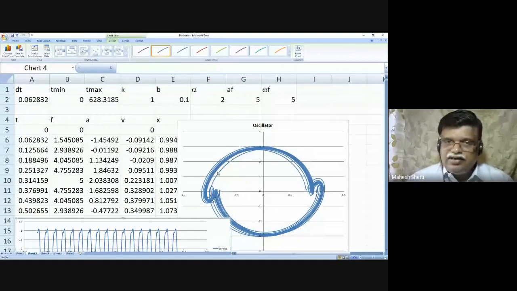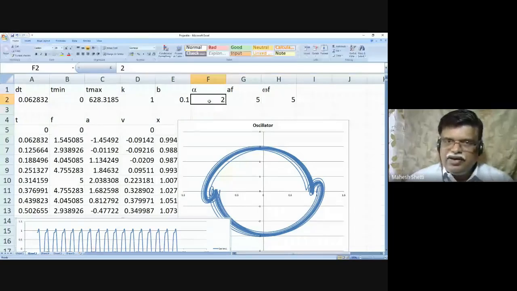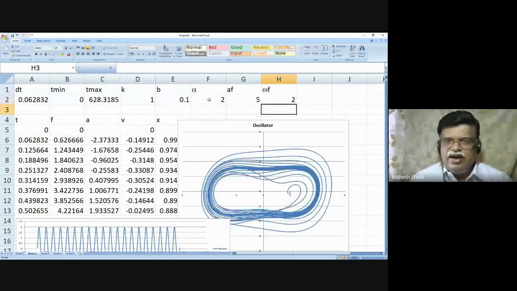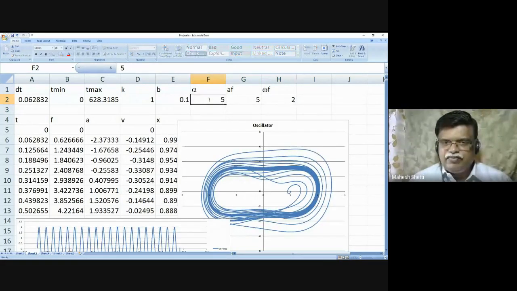So what has happened? The nonlinear term I have increased, but when the external driving frequency was less, even when I made this 5, it didn't have much big effect. Say, for example, let me make the external driving frequency small, and make alpha 5.